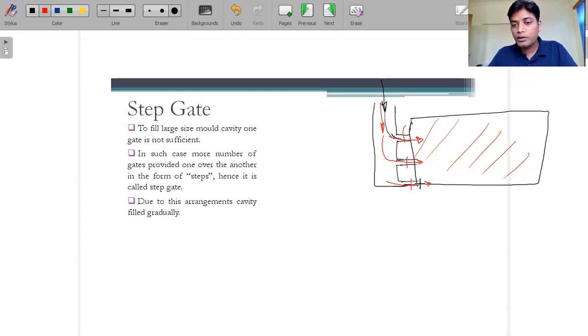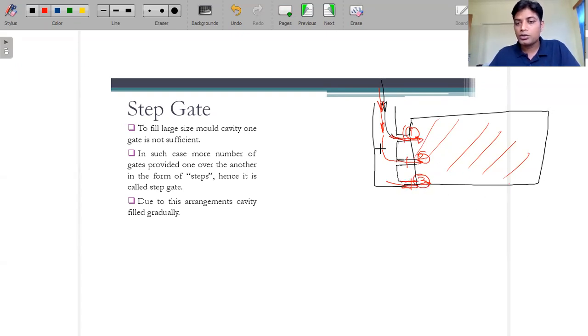If we are filling this molten material in this pipe and in this channel, it is coming through these gates, 1, 2 and 3. If we talk about this third gate, if this is a complete mold cavity, then this is in the bottom.